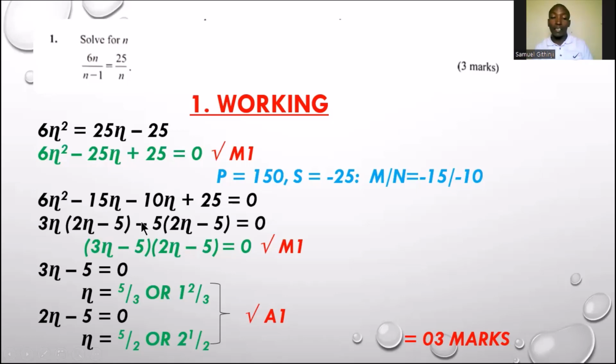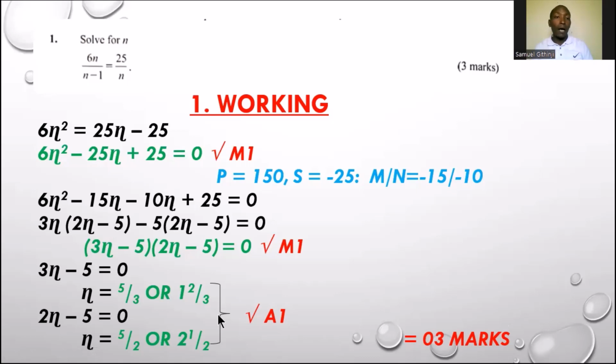Then I can factor out negative 2n minus 5, and I get 3n minus 5 as one factor and 2n minus 5 as the other factor.